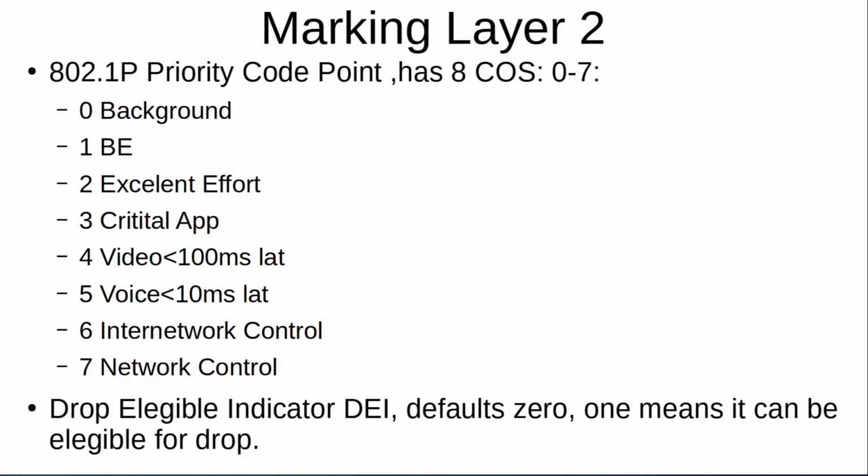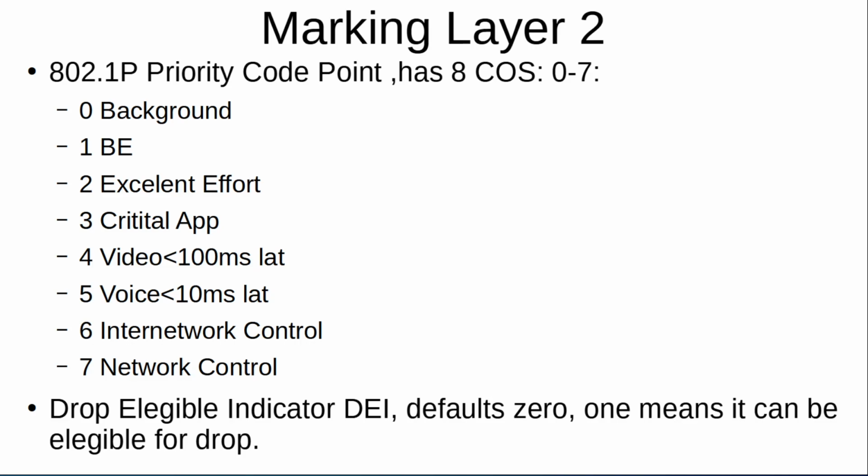If you're going to do marking at layer 2, you will need your frames to be tagged with 802.1Q tags. Otherwise, a normal Ethernet frame has no field where you can place your quality of service markings. You will need the priority code point field that is defined in the 802.1p standard in order to mark your Ethernet frames.